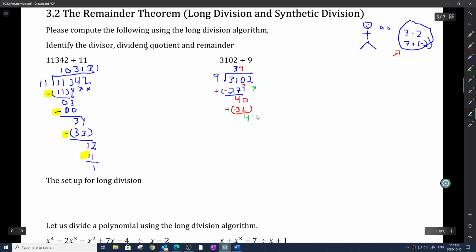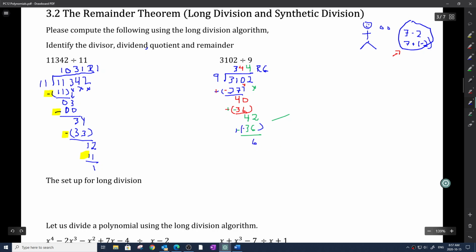I carry down the 2, and 9 goes into 42. 4 times 9 is 36. And I have to subtract those. Again, I'm terrible at subtracting, so I'm just going to simply add the negative. And what I should get is a remainder of 6.